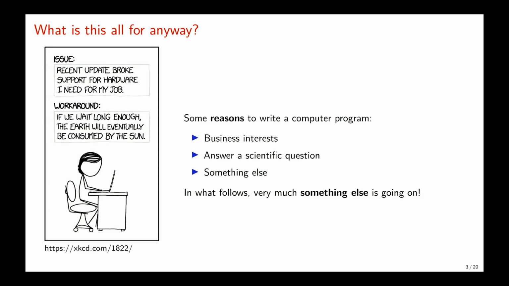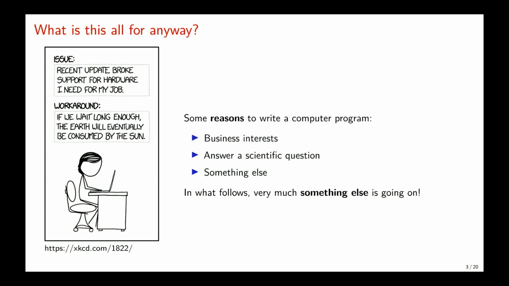But still, if we're in the context of writing some computer program, we always have to ask ourselves, why are we doing this? And there are many various reasons to do that. Some which are often the case are, for example, some business interests. And we always know the business interests, they are always 100% legit. This is all good.